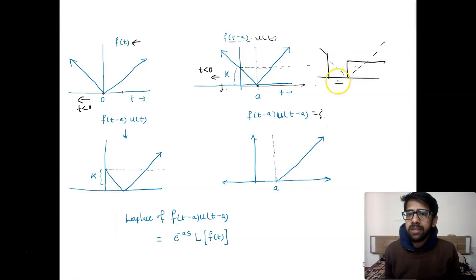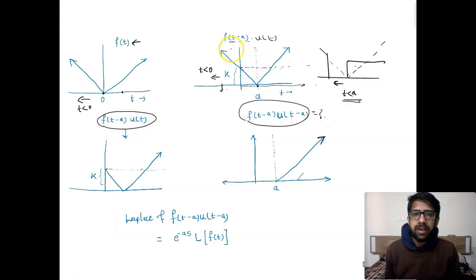So all the values for t less than a will be 0, and hence even this part will be nullified in this particular graph, and only this particular part of the graph will exist. This is how you can choose different kinds of functions to give as input to systems, and mathematically you can represent them like this. You have to decide which particular technique you have to use for a particular input.